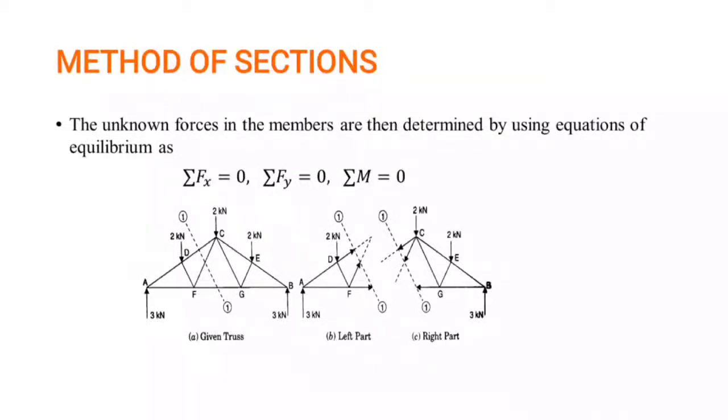Sigma Fy equals 0 means the sum of vertical forces is equal to 0. Sigma M equals 0 means the sum of moments about a point is equal to 0. Based on the equilibrium equations, we have to calculate the member forces.